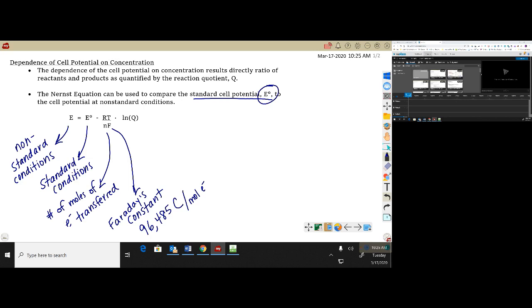Okay, then on the top we've got R and T. R is going to be your gas constant. R is that constant. We want the one that's 8.314 joules per mole Kelvin. And so what will happen is that we're going to have joules on the top, and this coulomb is related to a joule, so that'll cancel.